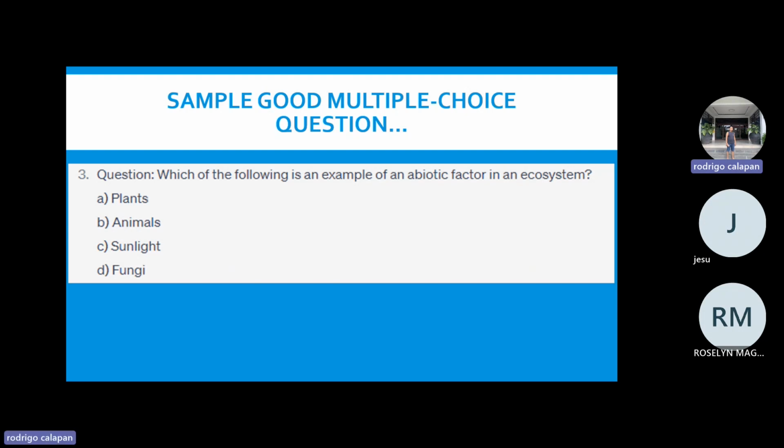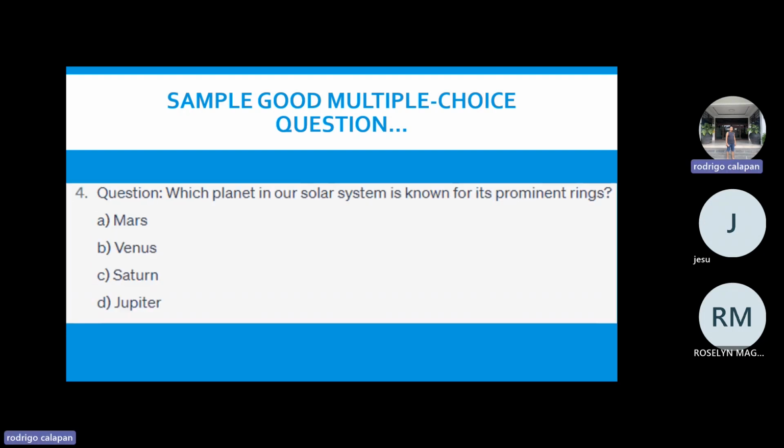So it is option C, sunlight is the correct answer, no? As it represents an abiotic factor, which refers to the non-living components of an ecosystem. And the other options are biotic factors, living organisms in an ecosystem, highlighting the distinction.